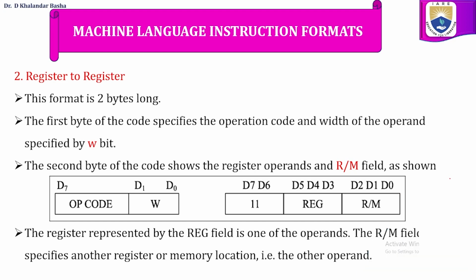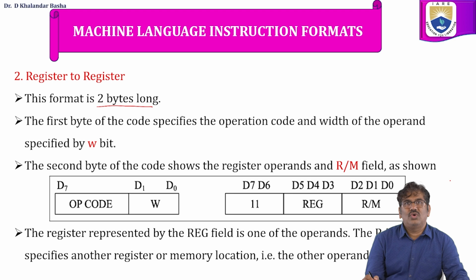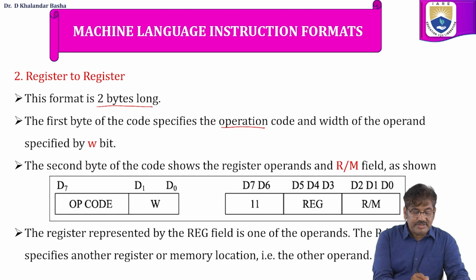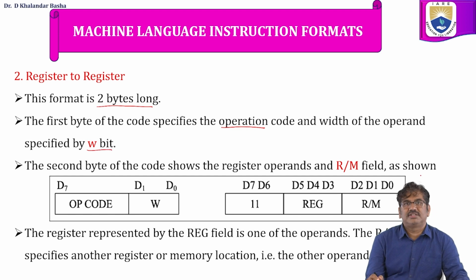The next type is register to register. This format is 2 bytes long. The first byte of the code specifies the operation, and the width of the operand is specified by the W bit. The second byte of the code shows the register operand and the memory R/M fields, as shown in the figure.